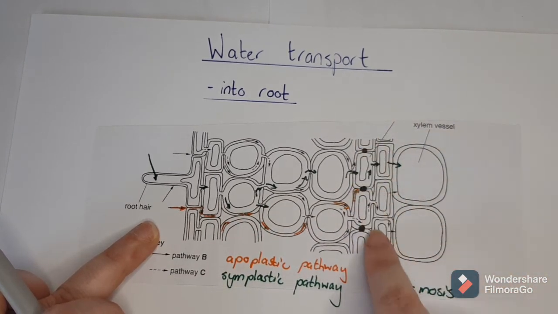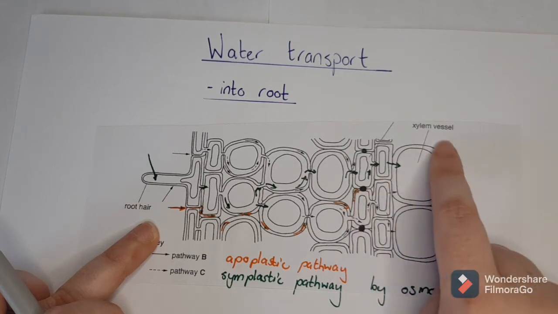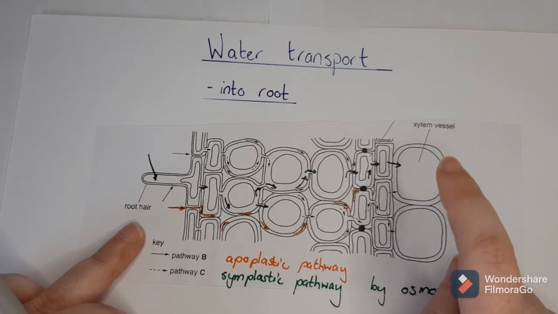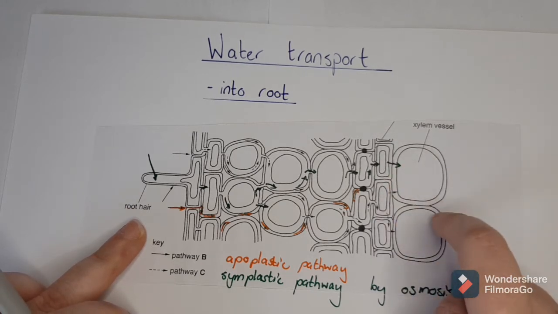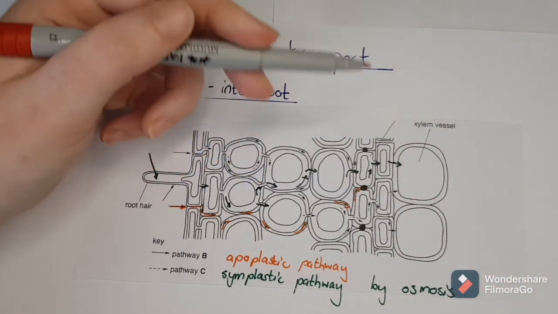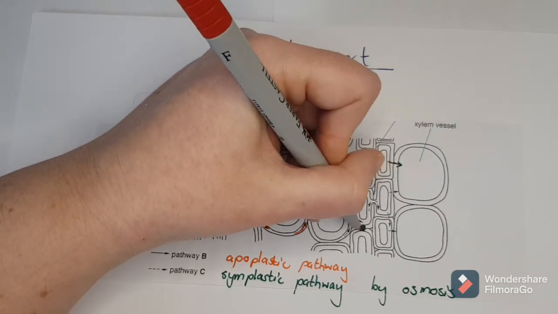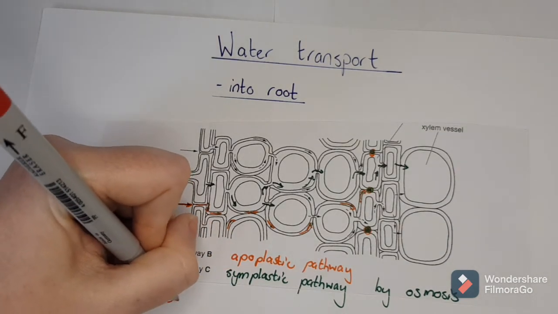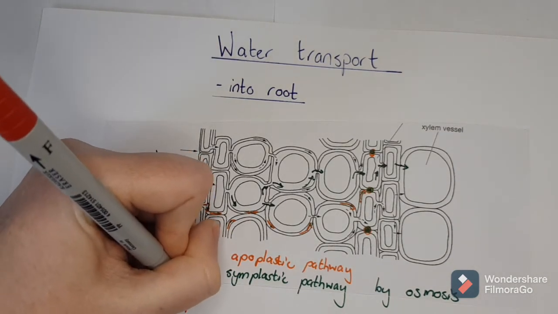But at that point where we have our endodermis, it's going to stop because the xylem, remember, has lignified walls. So you cannot diffuse the water through the lignin of the walls. It has to move in via the pits. So to actually get it into a cell, you have these solid areas inside our endodermis, called a Casparian strip.